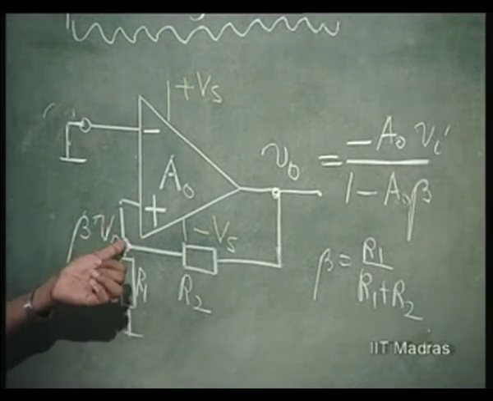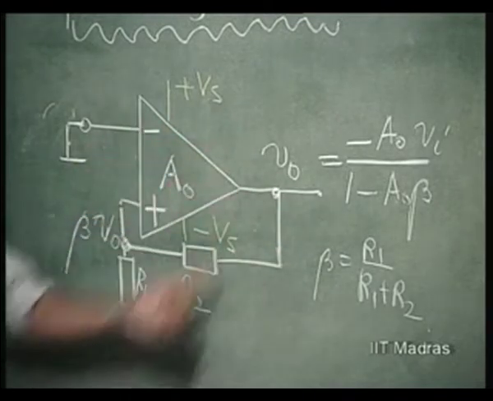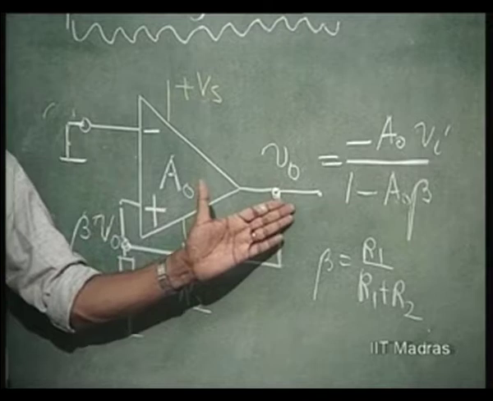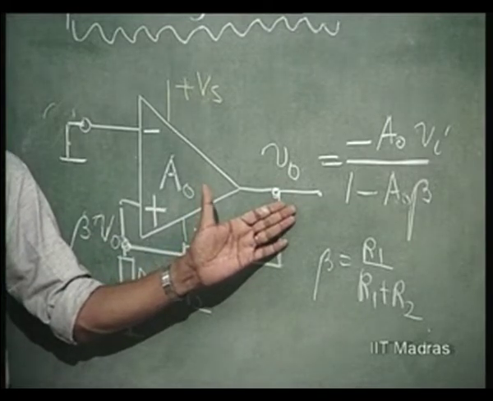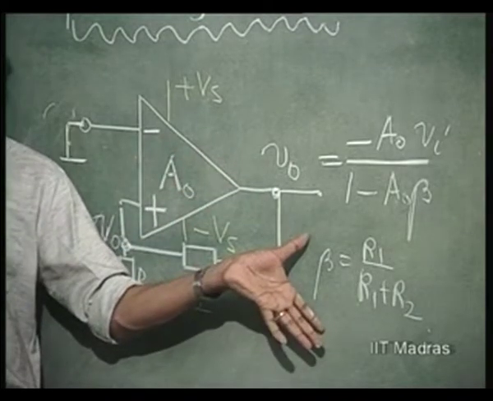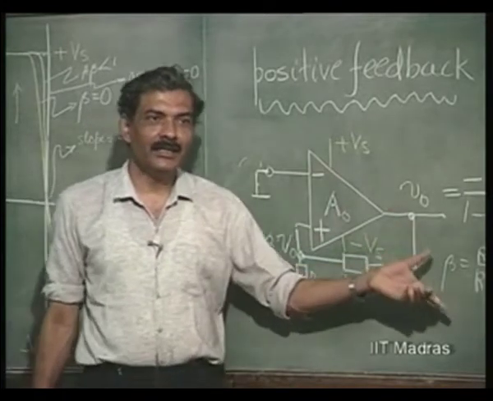So, let us say 2 microvolts of the same polarity. So, 2 microvolts will get further amplified. So, it will go on moving in the same direction, and ultimately it will go to the maximum possible here, that is the saturation. So, if I have started with positive 1 microvolt, it will go to positive saturation. If I started with negative microvolt, it will go to the negative saturation.